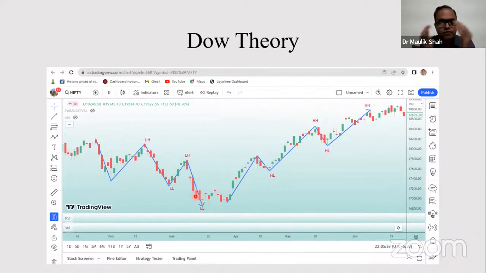For those of us who are not full-time traders, we should not be looking at this side. We should not be looking at any chart which is making lower low and lower high. Simple as that. That is the first principle for us, who are not into the shorting business.